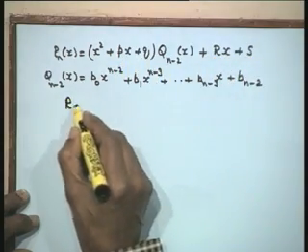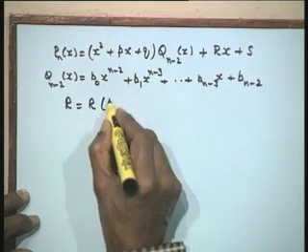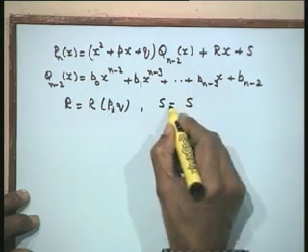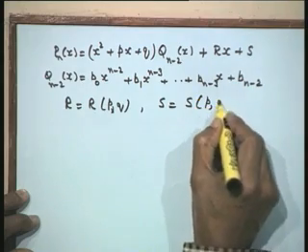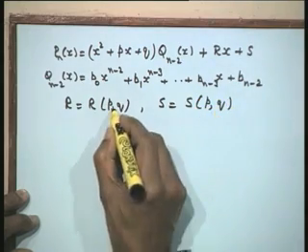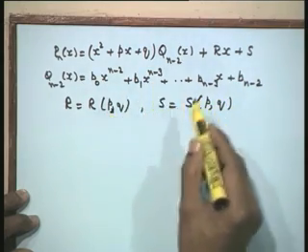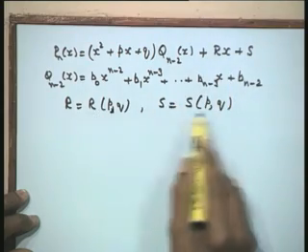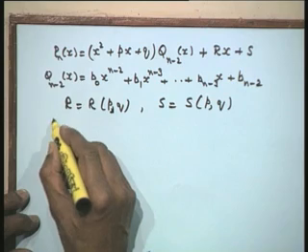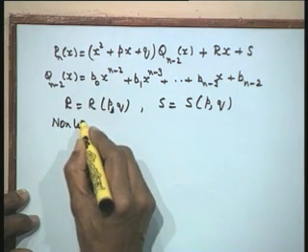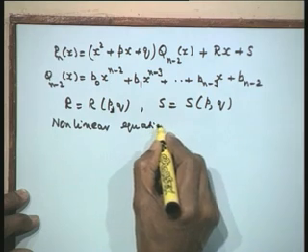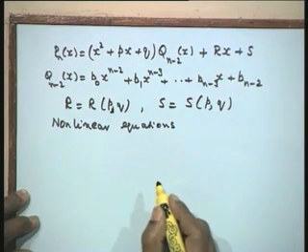Therefore, r is a function of p and q, and s is also a function of p and q. As p and q vary, r and s vary, so these give you two nonlinear equations in the two variables p and q.